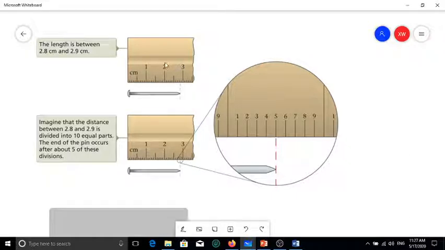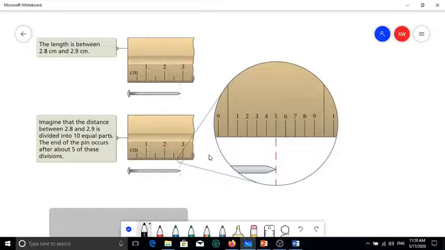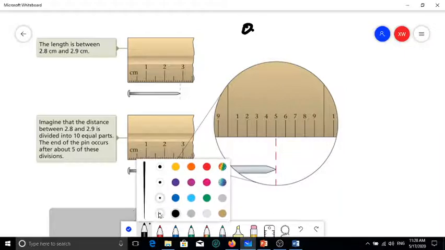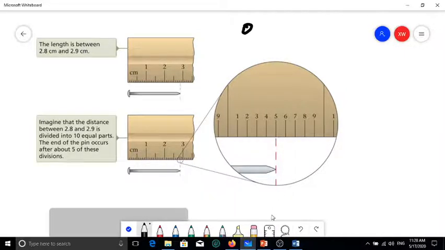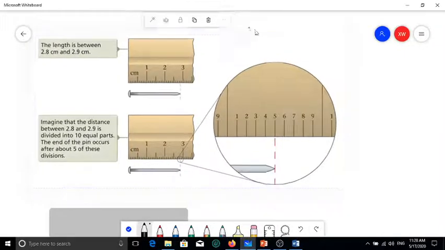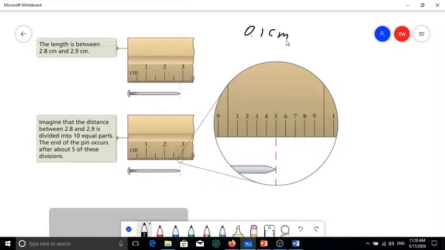Now, usually the first thing you should do when you look at the ruler or any measuring device is to find out the most accurate reading. The most accurate reading is usually represented by those little lines with no numbers, which means using this ruler, okay, your most accurate reading in the unit of centimeter is 0.1 centimeter.